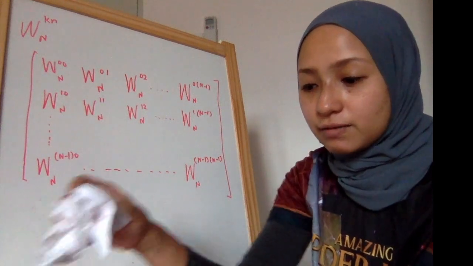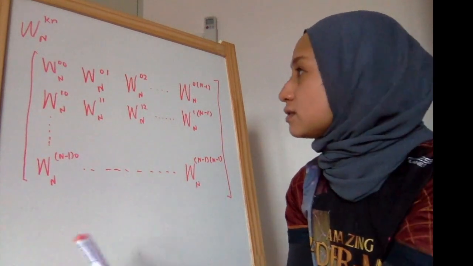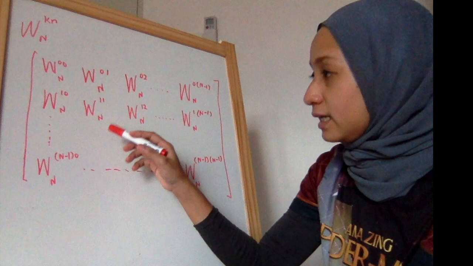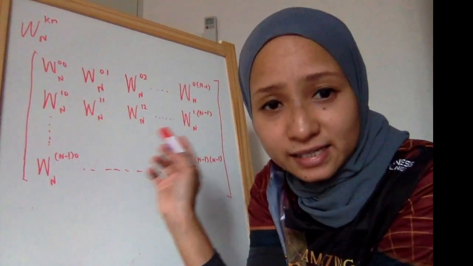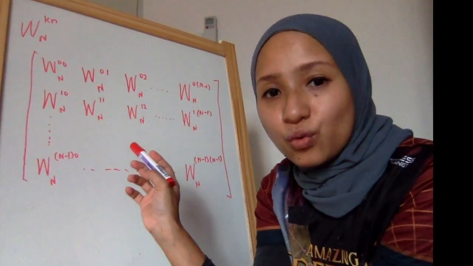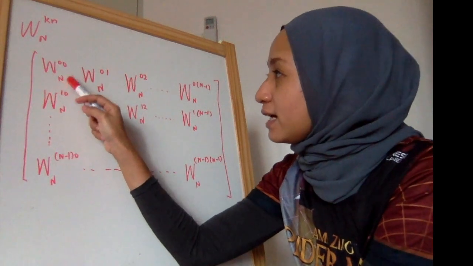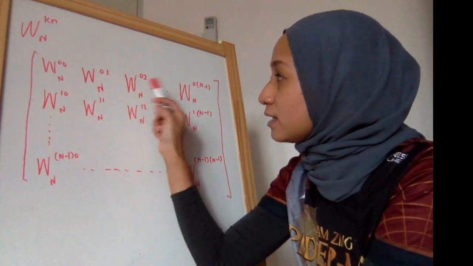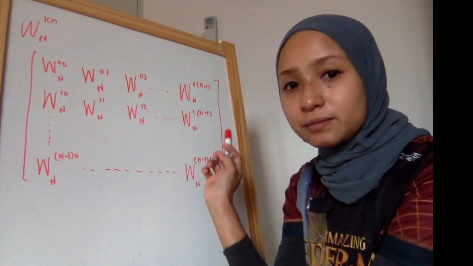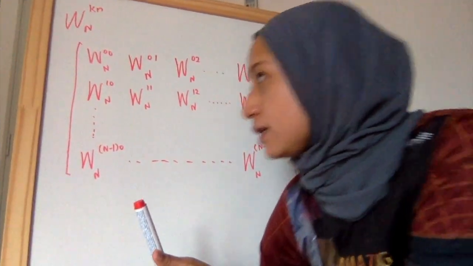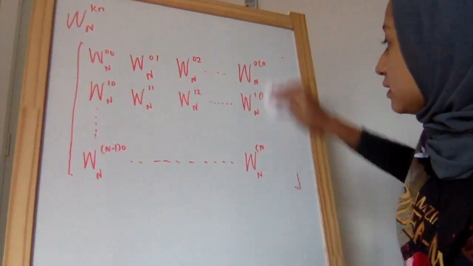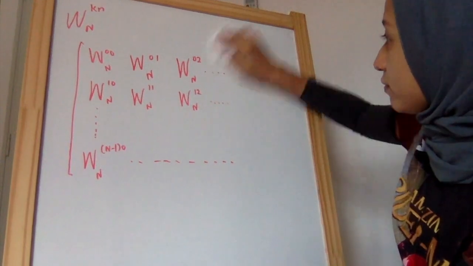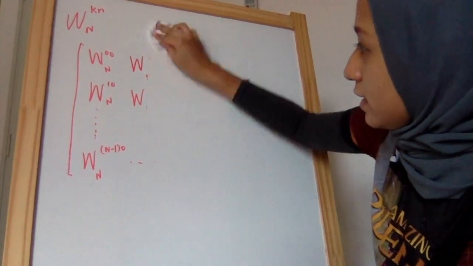Now this is another headache: how to find the values of W_N^{00}, W_N^{01}, and so on. Let's say our n range is from 0 to 3.